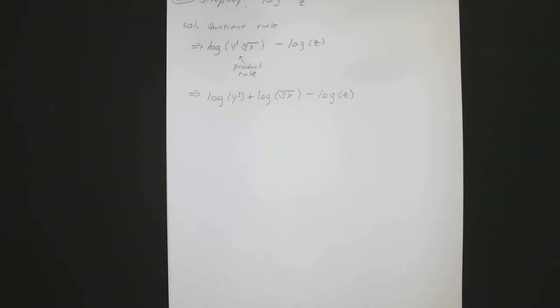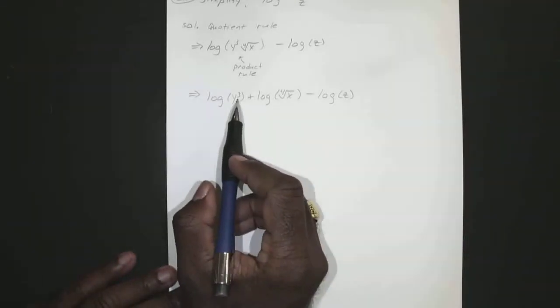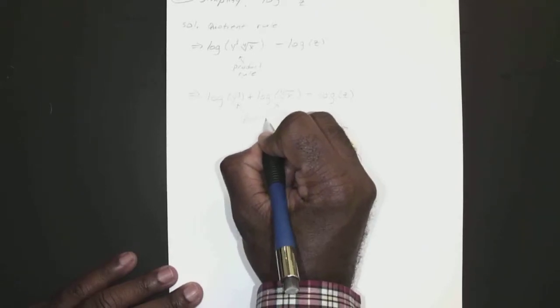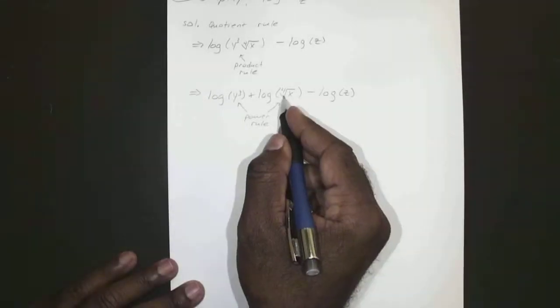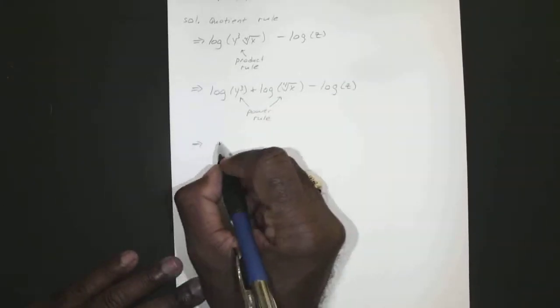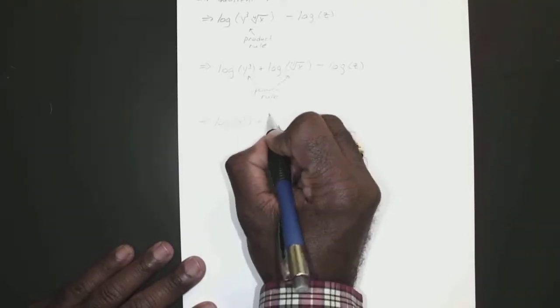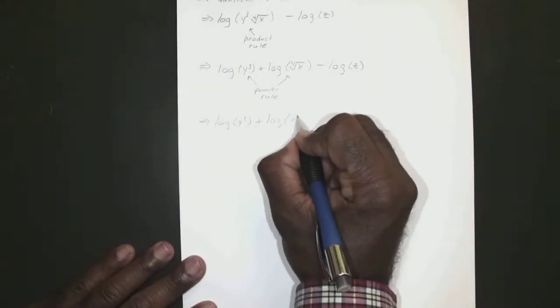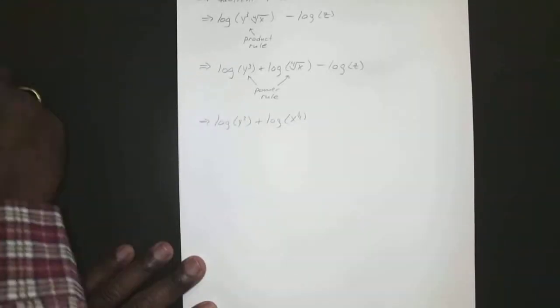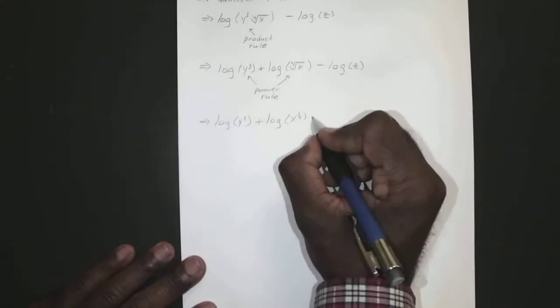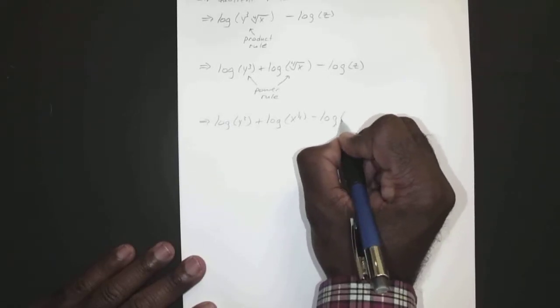Okay, so we applied the quotient rule, we applied the product rule, and now we still have to apply the power rule. Here we're going to apply the power rule because we're going to rewrite it as log of y to the third plus log of x to the 1/4 power, minus log of z.